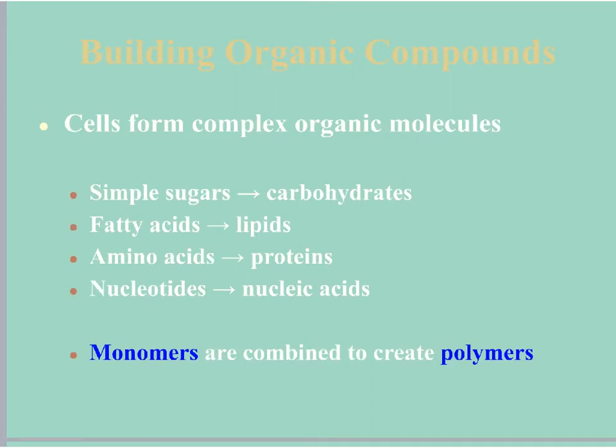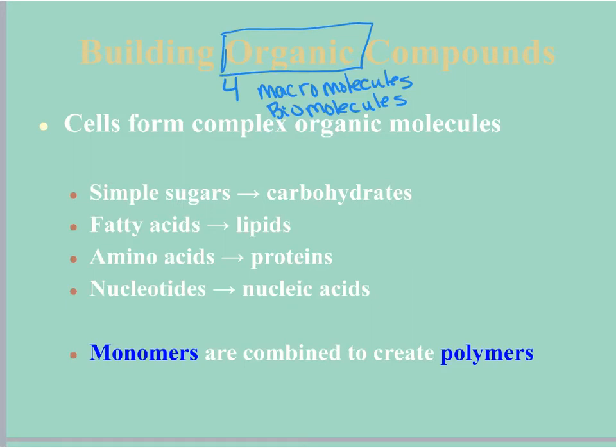What we'll do now is we'll look at the types of organic molecules or biomolecules. Sometimes we call them the 4 macromolecules because they're quite large. Sometimes they're referred to as biomolecules, as I mentioned earlier. And sometimes they're just called organic compounds or organic molecules because remember, organic refers to carbon.